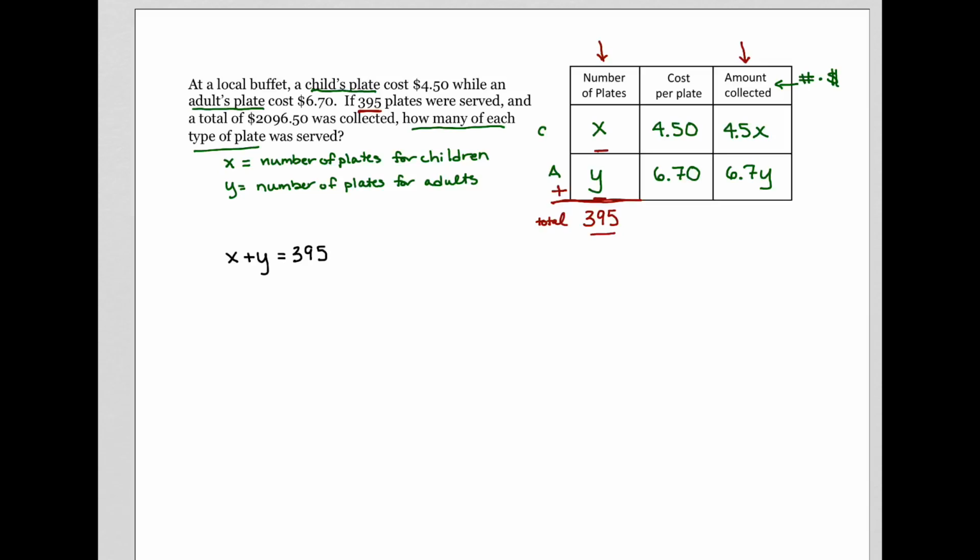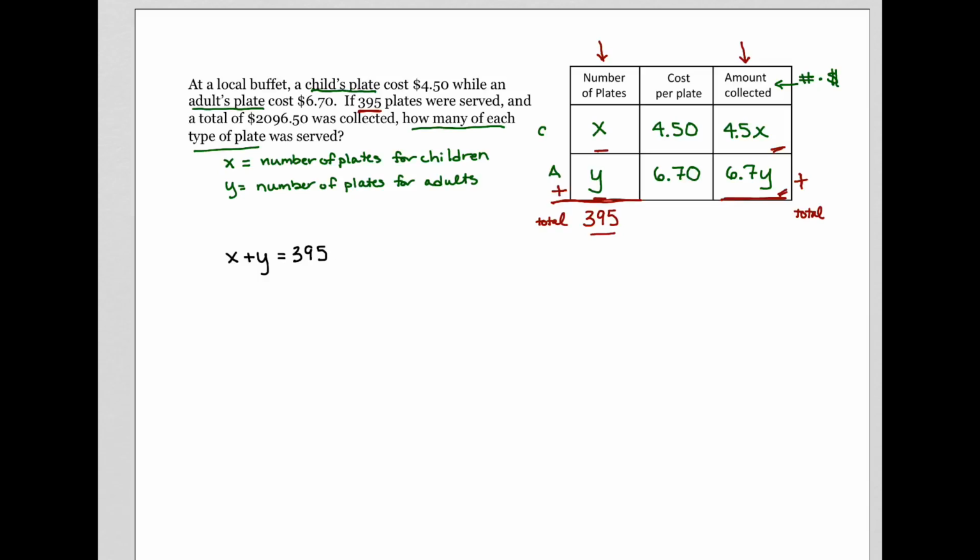In that last column, we had 4.5x and 6.7y. And these two values represented the amount of money we collected from children and the amount of money we collected from adults. And so if you add up the amount of money collected from children plus the amount of money collected from adults, you will get the total amount of money that was collected.